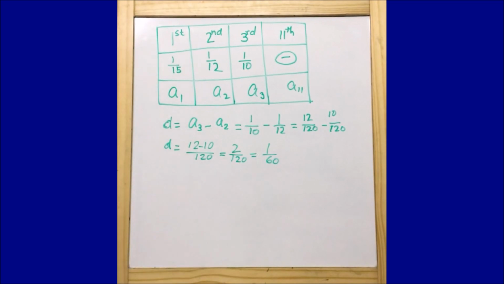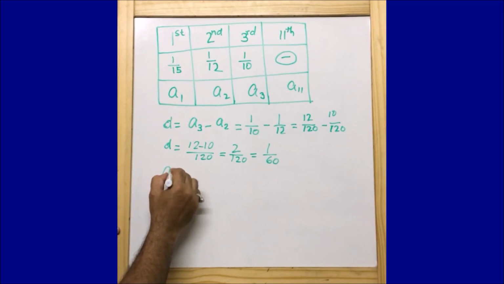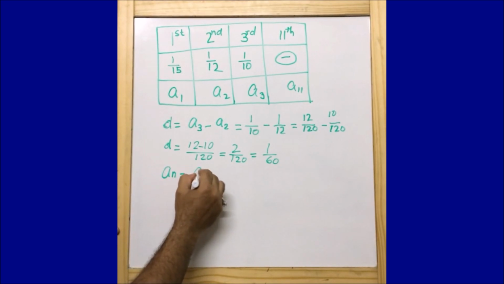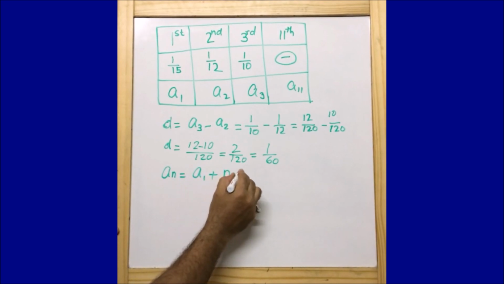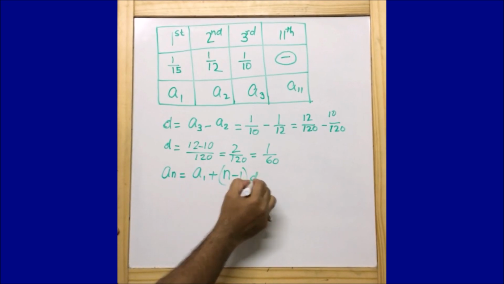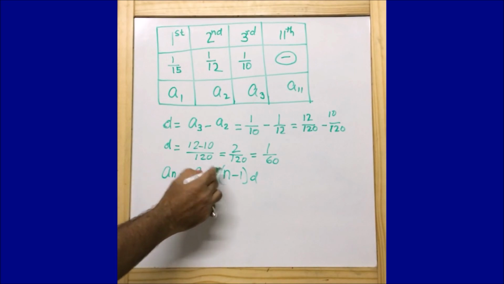So we found the value of D as 1/60. Now we can find the value of An. I can write An is equal to A1 plus (n minus 1) into D. Here the value of n is 11.